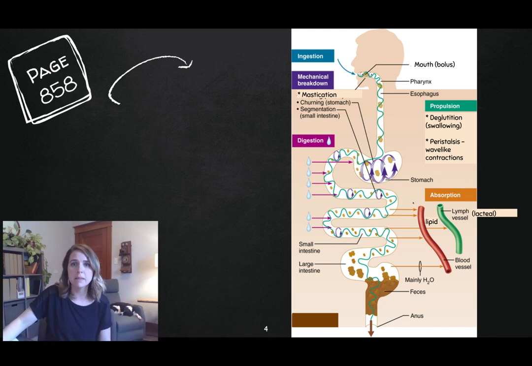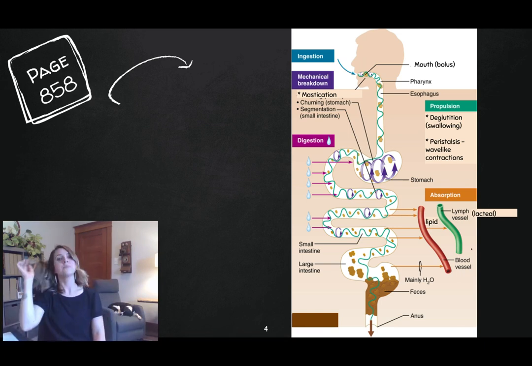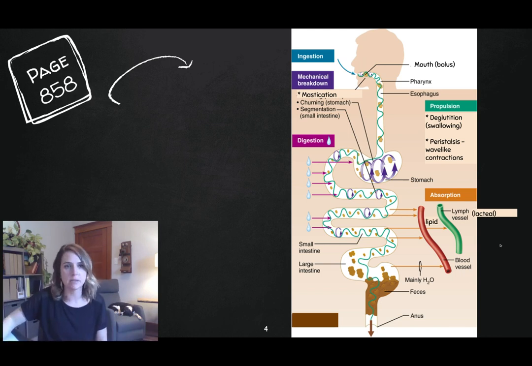Most of the nutrients go into my bloodstream, but some of your fat specifically goes into your lymph vessels. Not all of it, but some of it. And we call that kind of absorption lacteal, not the same as lactate, lacteal.